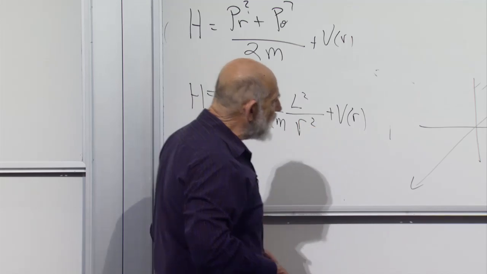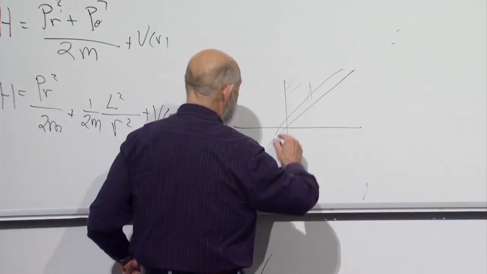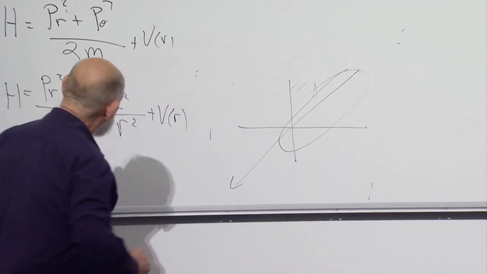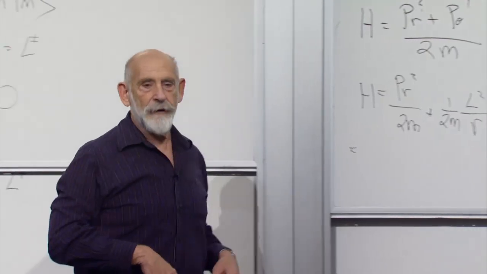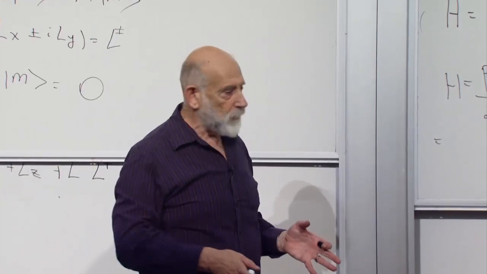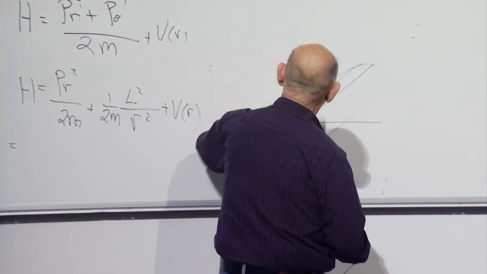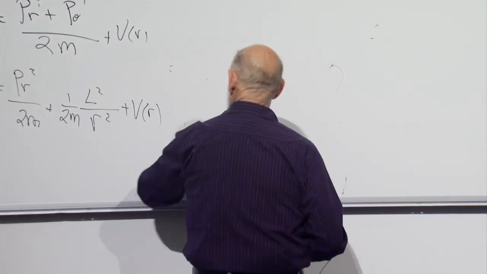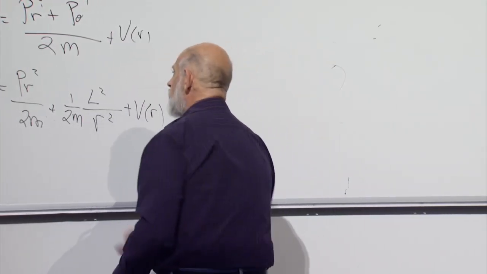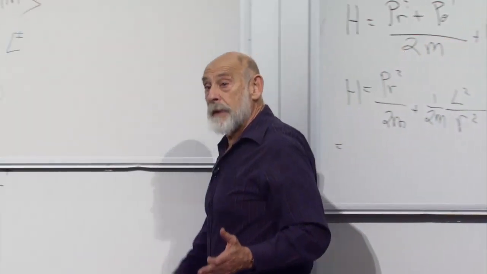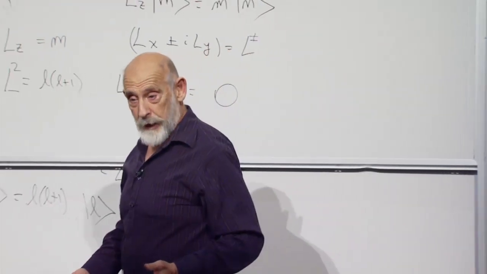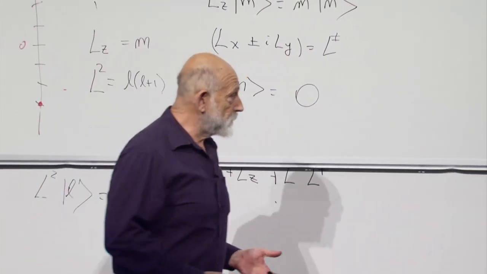But as long as there's any angular momentum, then it can't get to the origin because there's this huge repulsion effect. It's not a real repulsion, it's the centrifugal force, but it's there. p r, what about p r? That's just the momentum associated with the r direction. Okay.